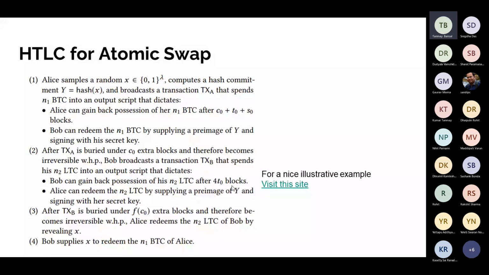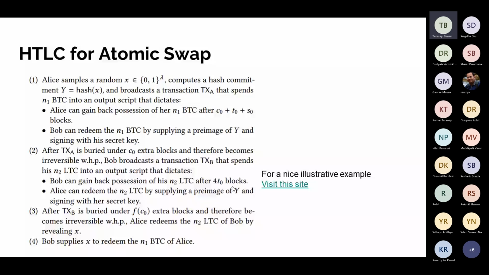Essentially, whatever we have said so far is listed here. Alice would first create a secret, like "I love strawberries," which is shown here as a random x belonging to {0,1}^lambda, and then computes the hash. Then she broadcasts the transaction that spends some amount of Bitcoin into an output script.